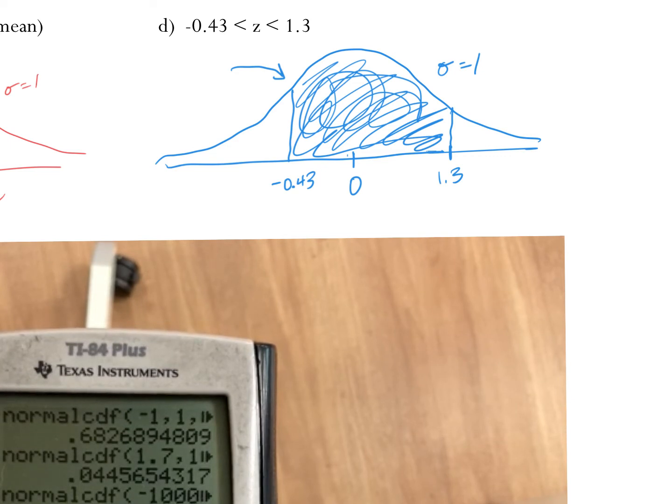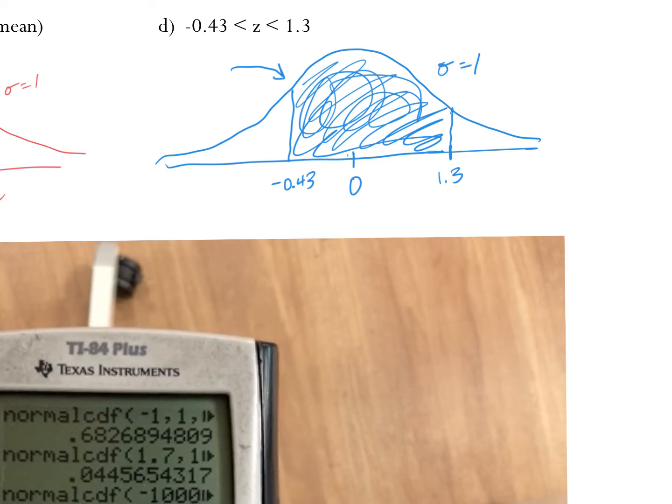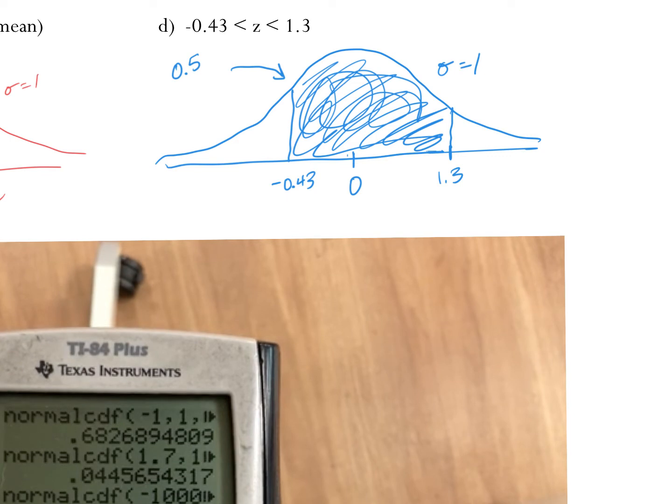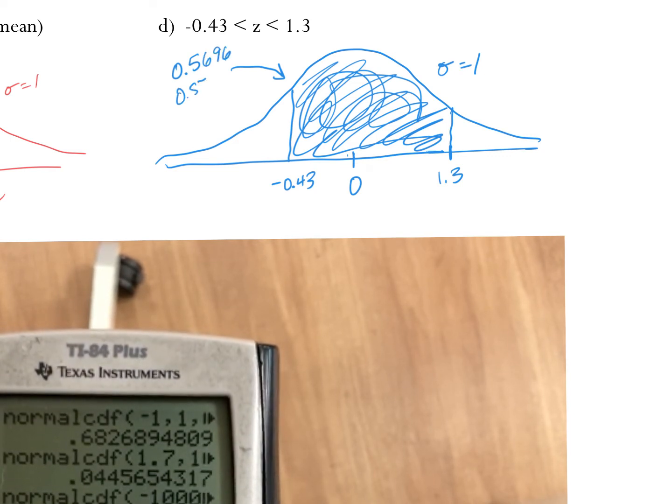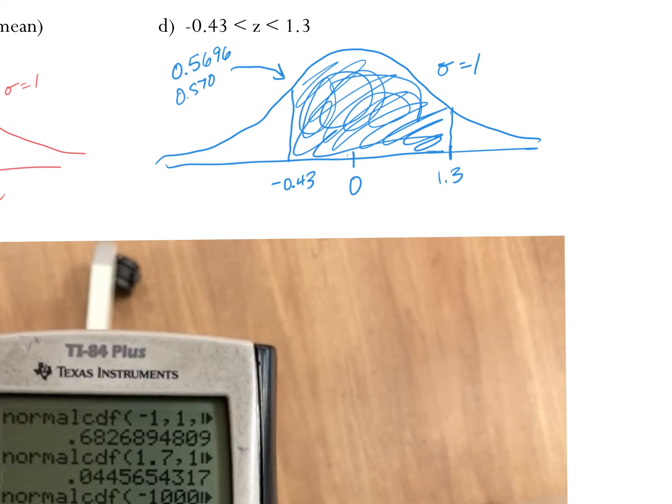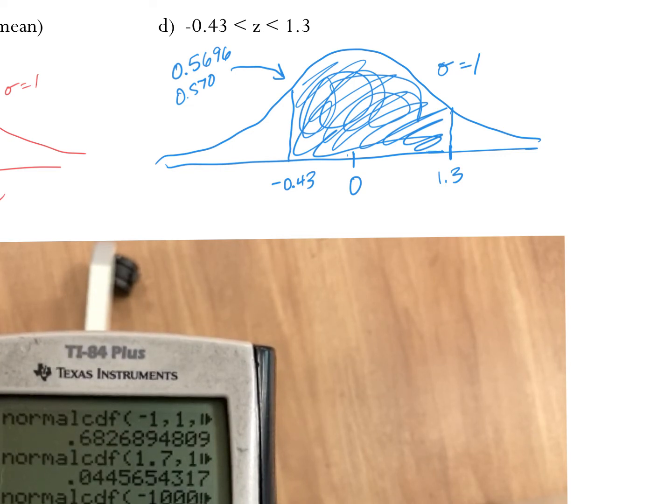What are we getting? 0.5696. 0.5696. 0.57. It's not even letting me get to the city yet. Second vars, 2. What's it say? I can see it up at the top. What's it say? Inside the PDF. Okay, so here's what happens.